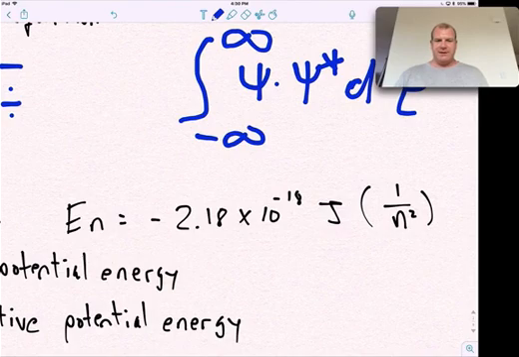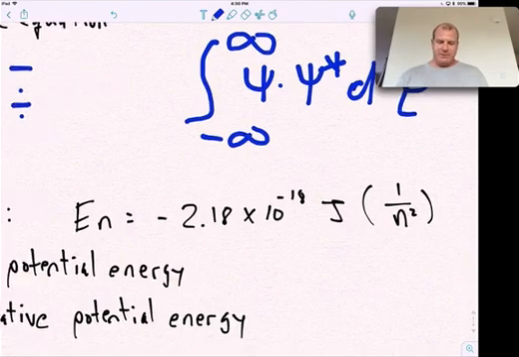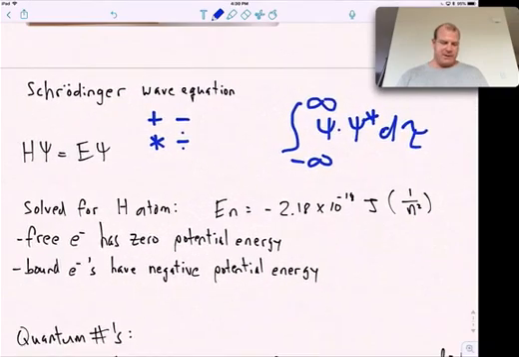The energy is then, with the Rydberg constant, 2.18 times 10 to the minus 18 joules, times 1 over the principal quantum number n squared. A couple things with this: a free electron has 0 potential energy. We're picking a number as our reference, and we're picking a free electron.